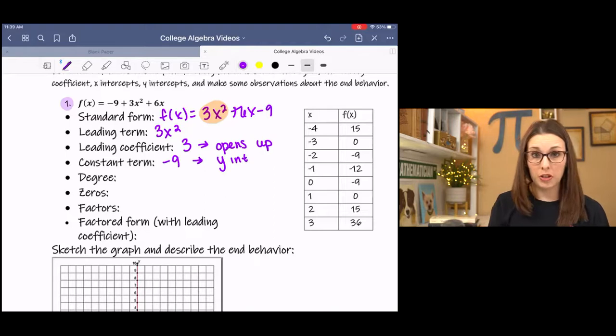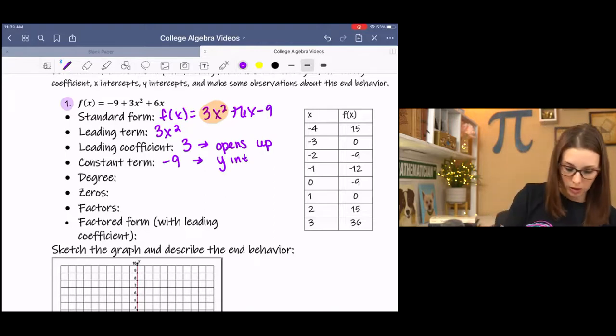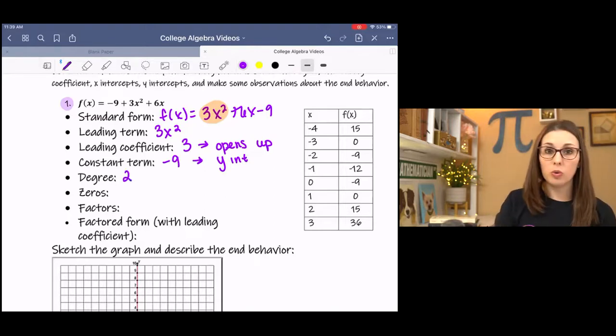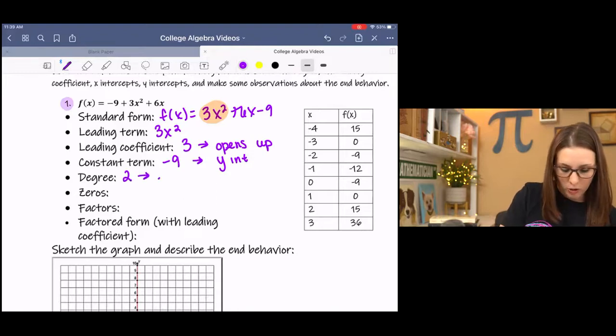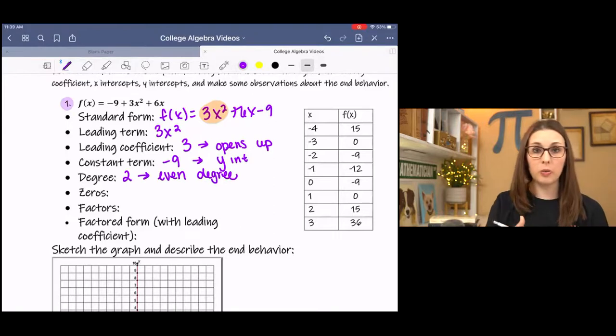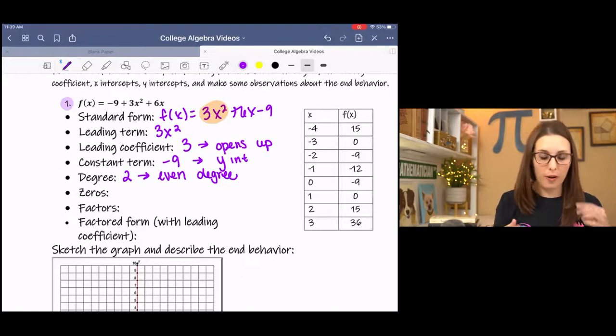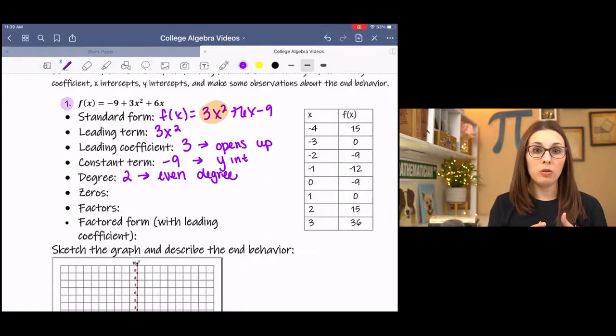The degree of the term is the highest exponent, which is 2. This is an even degree, and I'll show you later when we graph it what that indicates for the function. And then the zeros of the function, we know that there are at most 2.